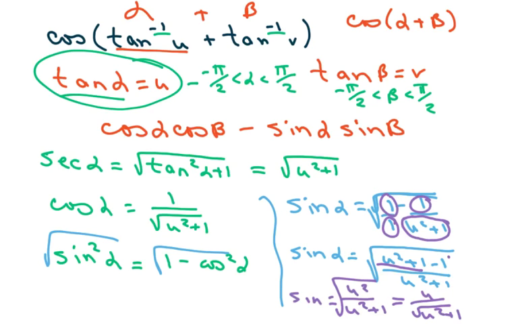Now, think about it. The tan of beta is going to be the exact same thing that I just did, so I don't think I need to do it again. But instead of u, what are we going to have? We're going to have v. So basically, what we have is cosine of alpha equals 1 over square root of u squared plus 1.